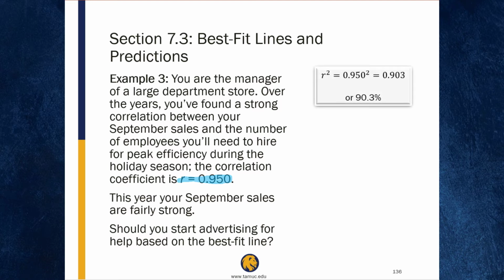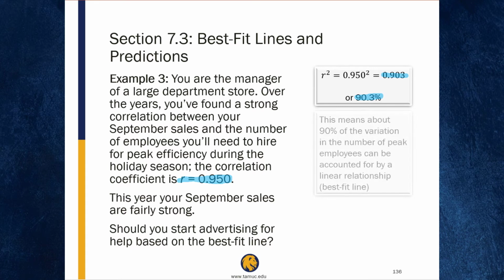Well, if we square the correlation coefficient, R squared is the square of 0.950, which is equal to 0.903, or as a percentage, 90.3%. What that means for us is that about 90% of the variation in the number of peak employees can be accounted for by the linear relationship found in the best fit line.